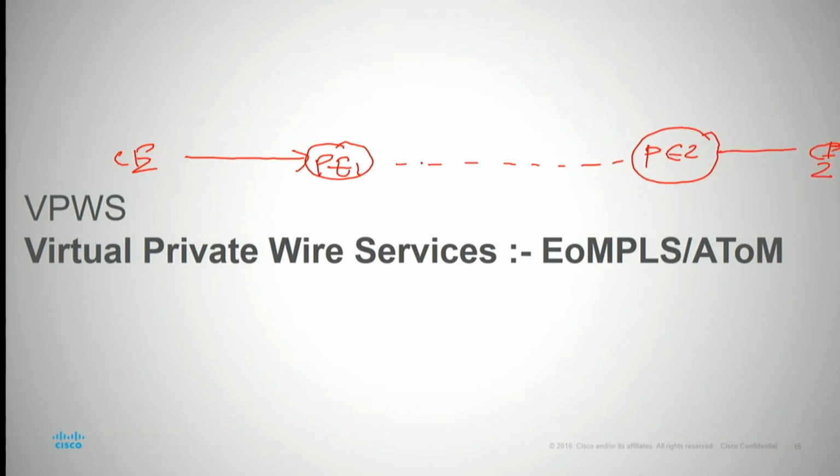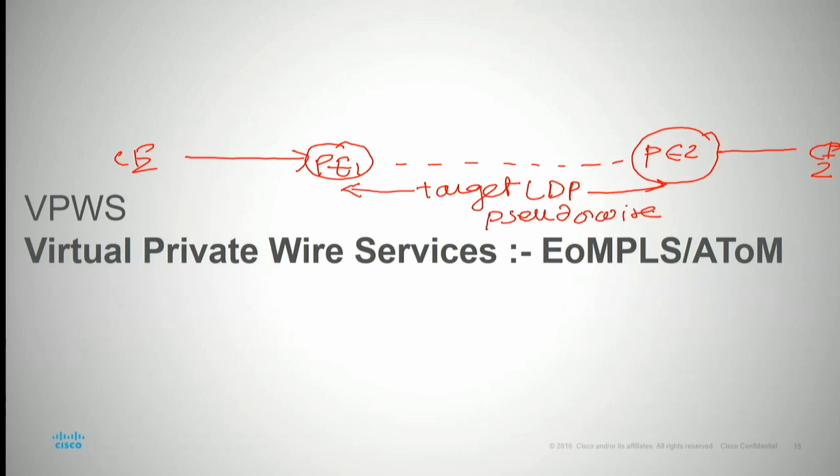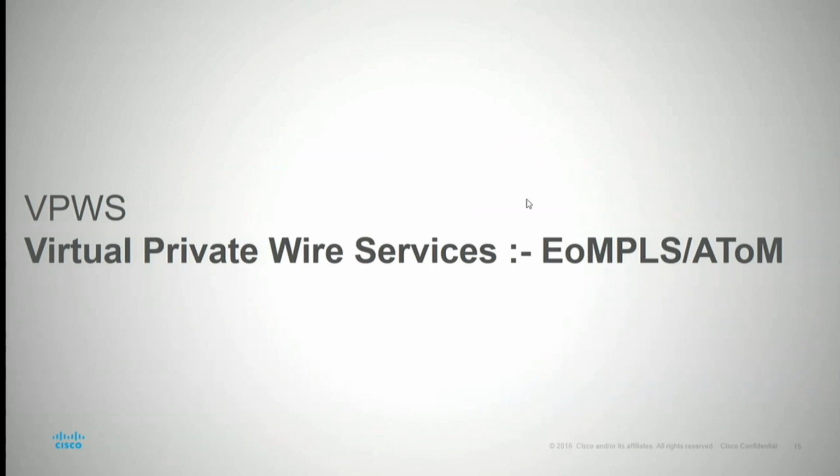Once we configure this pseudo wire, a targeted LDP session will be formed first, over which your pseudo wire, or you can say L2VPN label, will be exchanged. Once the targeted session is up, your pseudo wire will come up fine. Once the pseudo wire is up, your end-to-end traffic will be working fine.